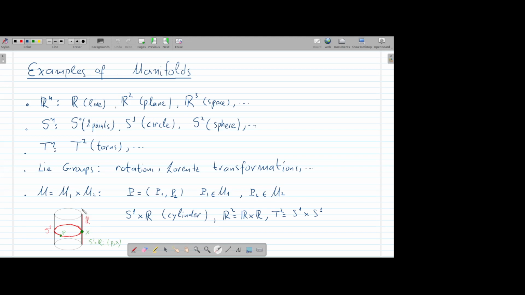And as you move it along the straight line, you sweep the whole cylinder. So the cylinder is equivalent to this product. Other examples are R2, which is R cross R, Rn, which is R cross R n times, and the two-dimensional torus, which is the product of two circles.